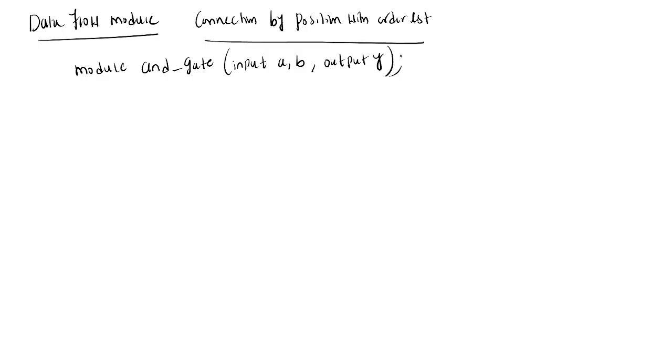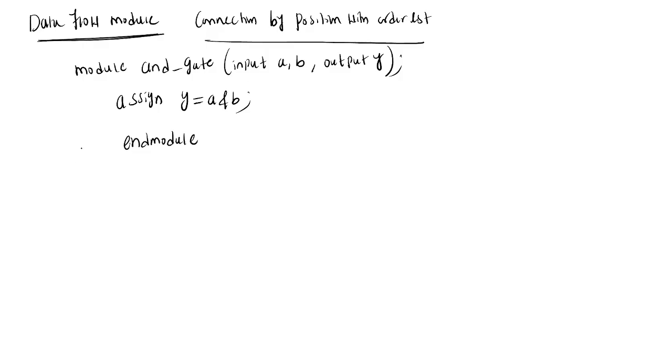Wire data type. I'll use a continuous assignment statement, that is assign Y equal to A and B, and end module. If you represent with expressions, that is nothing but data flow modeling. So in data flow modeling, all the inputs and outputs should be wire data type.